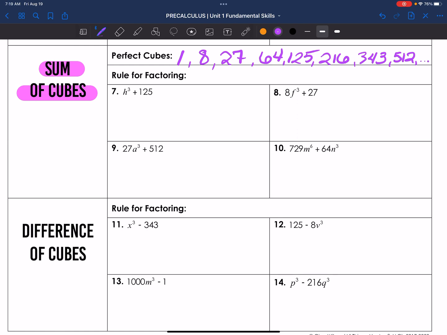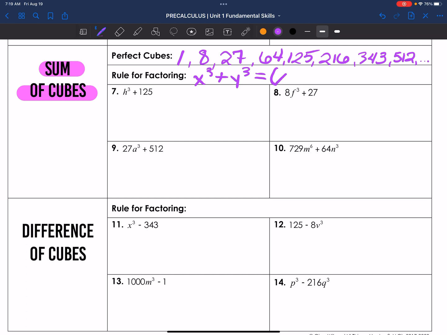So what is a sum of cubes going to look like? Well, a sum of cubes is going to be some quantity, some expression cubed, and then because it's the sum, it's going to be adding another cube. And when we factor that, it will follow this pattern.